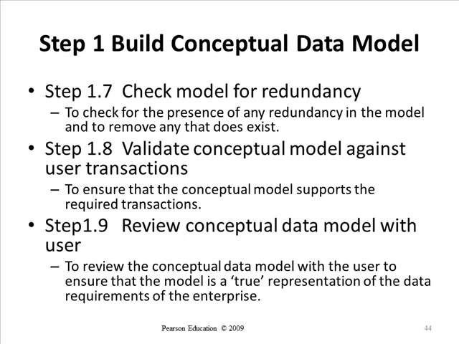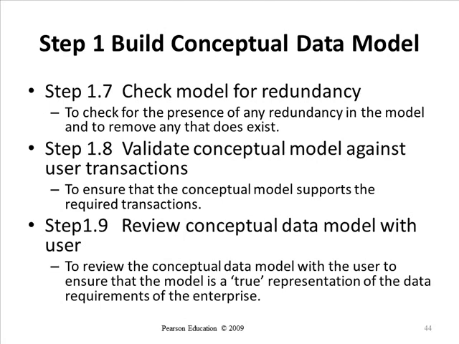There is a way to do that, and after that, when you finish this task, you need to validate the conceptual model against the user transaction. There are some ways to do this. We need to go to the user and let the user check the correctness and validity of our model, and this is also done with a review with the user of our conceptual model, to make sure that our model is acceptable and can be used to create our database later.